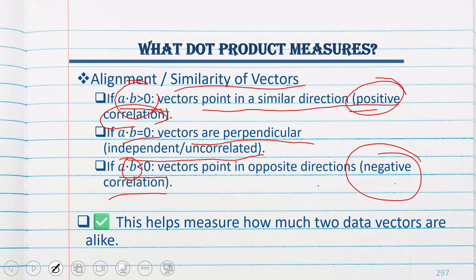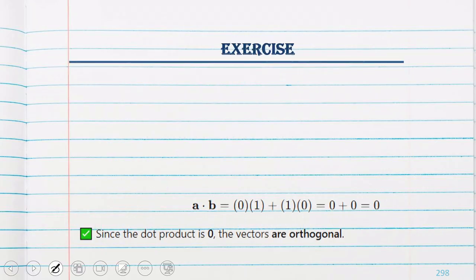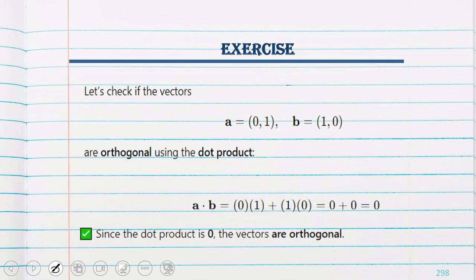So this measures how much two data vectors are alike. Exercise: check if the vectors A equal to (0, 1) and B equal to (1, 0) are orthogonal using dot product. If A dot B equal to 0, then we can say that these vectors are orthogonal.